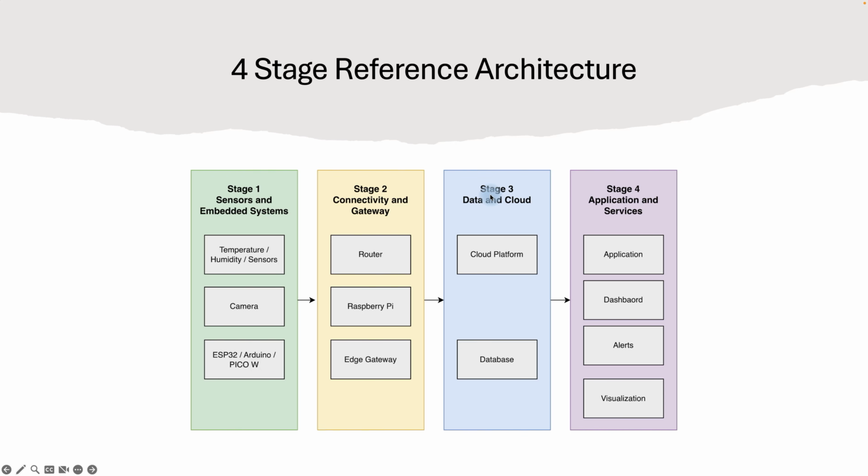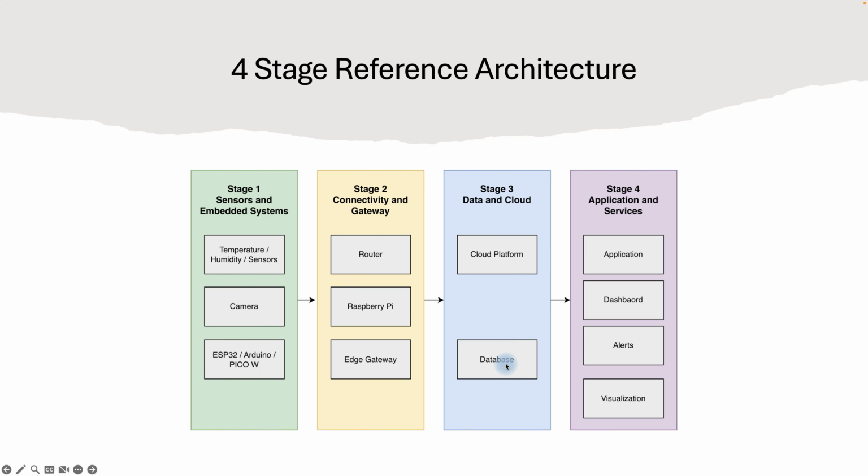Now again, in stage 3, you can create multiple different configurations. Almost every cloud provider like Microsoft Azure, AWS, Google Cloud provides its own managed IoT services where you can directly have an MQTT broker and some streaming service which can directly push that data into a cloud-based database. This is an option.